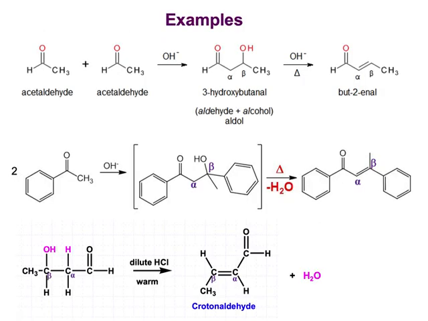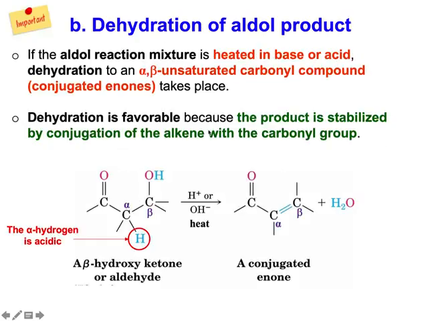Here is an example. To form the aldol product, an aldehyde must react with an aldehyde in the presence of base. Because of the base, we get the aldehyde plus alcohol, the aldol, which we call a beta hydroxyketone or aldehyde.